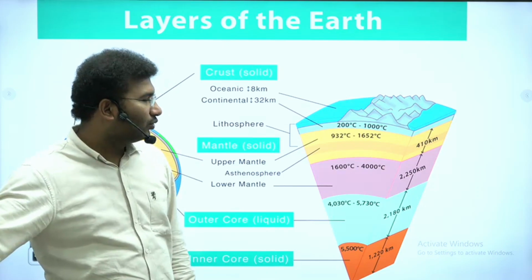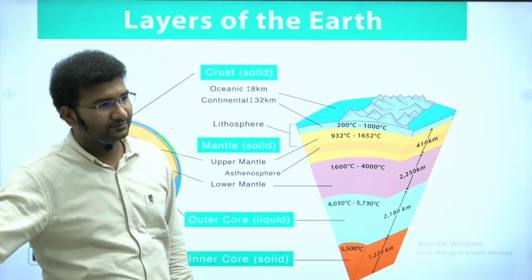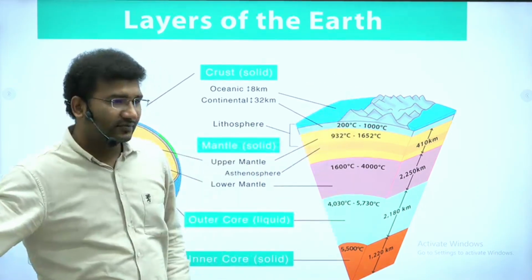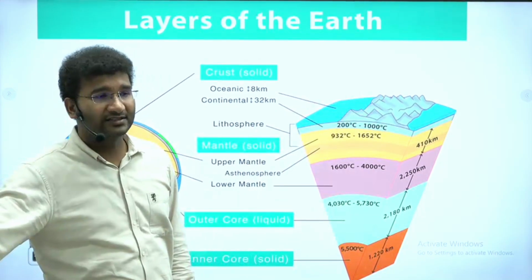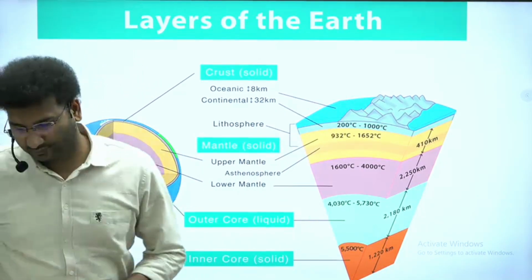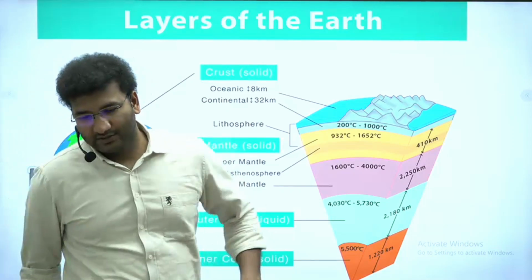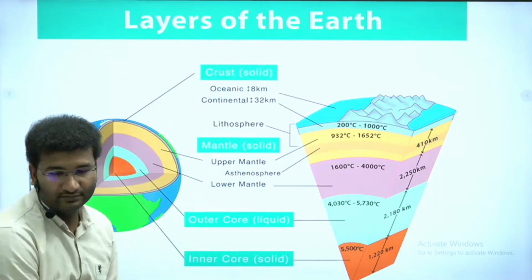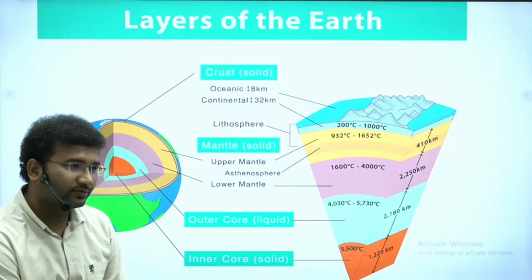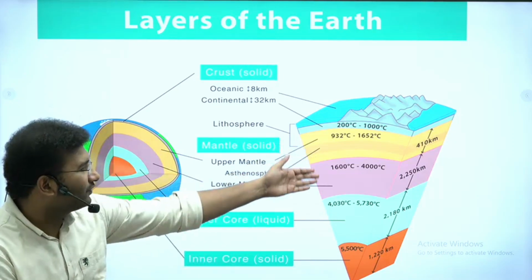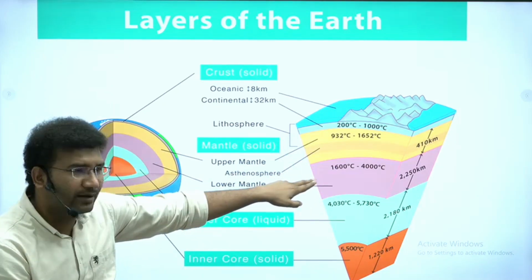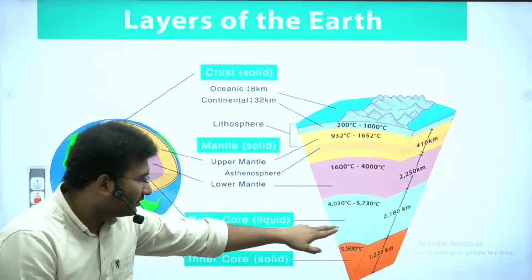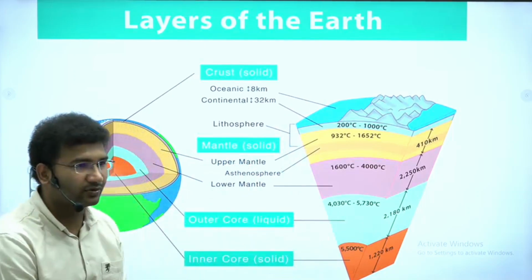You tell me, who has the highest width? Highest width I am talking about. Who has the highest width? Outer core. See, width is 2250. This is nothing but the mantle has the highest width. But in terms of weight, if you look into this, this is inner core and this is outer core.